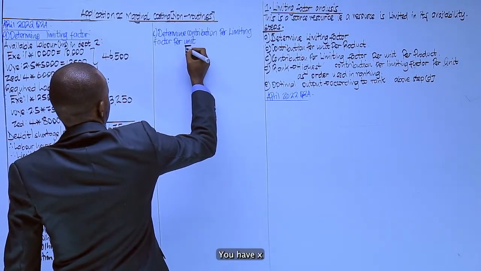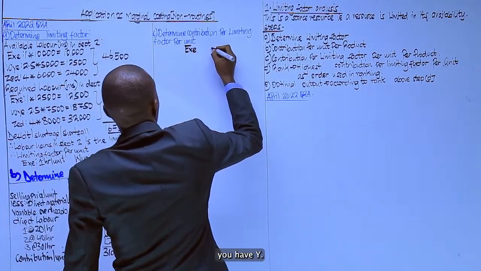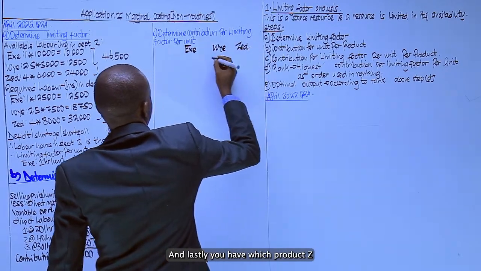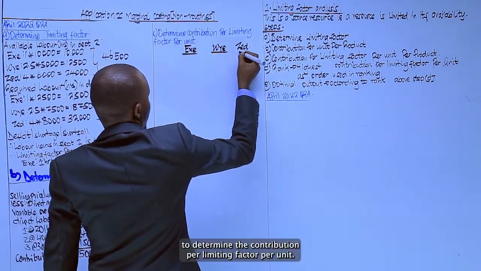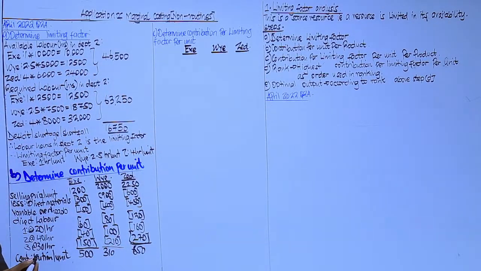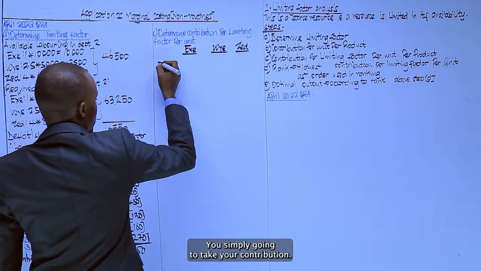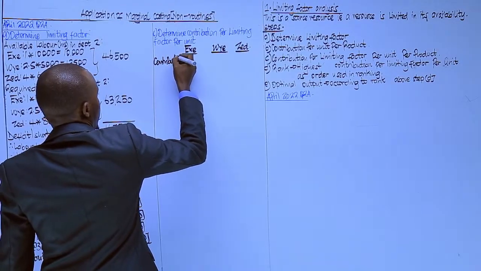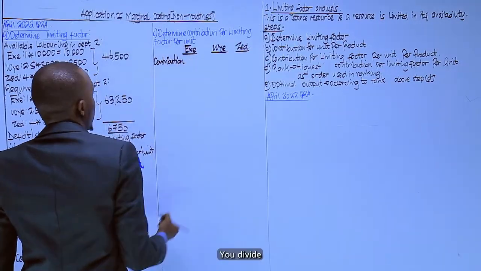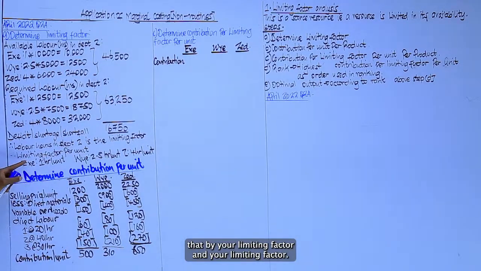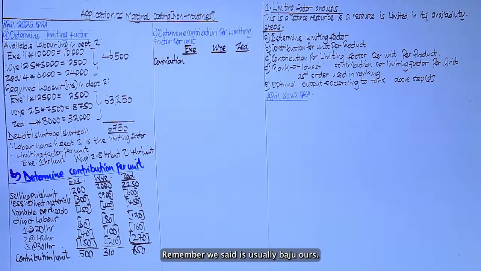You have X, you have Y, and lastly you have which product? Z. To determine the contribution per limiting factor per unit, you're simply going to take your contribution and divide that by your limiting factor, and your limiting factor, remember we said, is your labor hours.